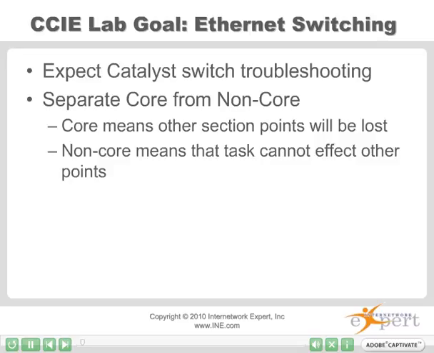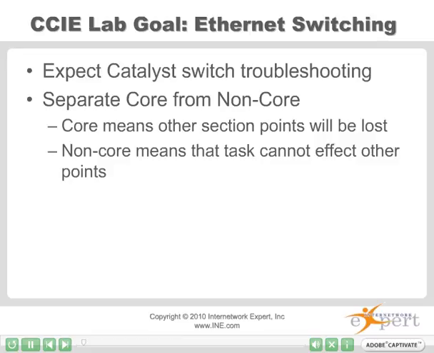One of the things I also want you to begin thinking about strategically is, right away when you're looking at switching tasks, you want to start mentally separating core tasks from non-core tasks. By core tasks, I define this as a task that impacts other points.